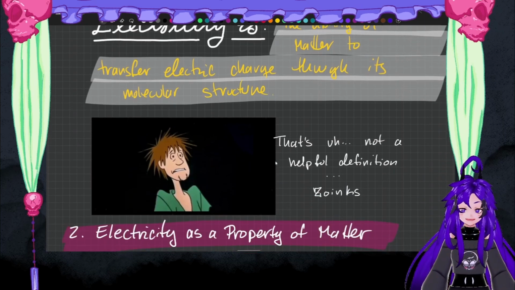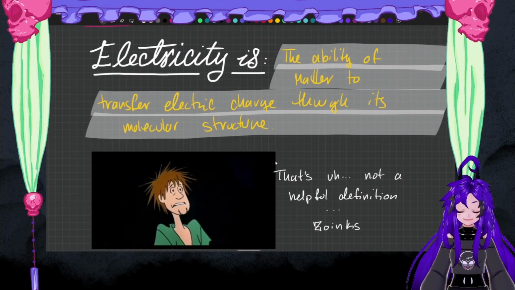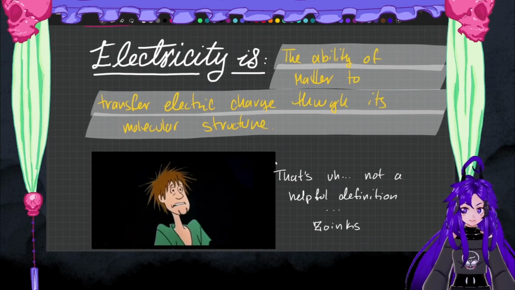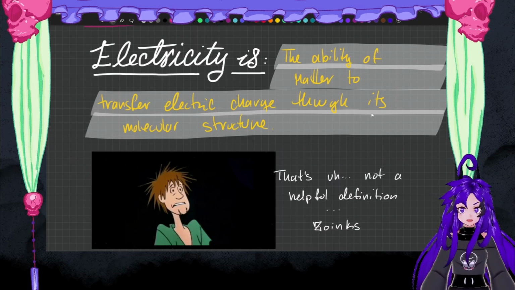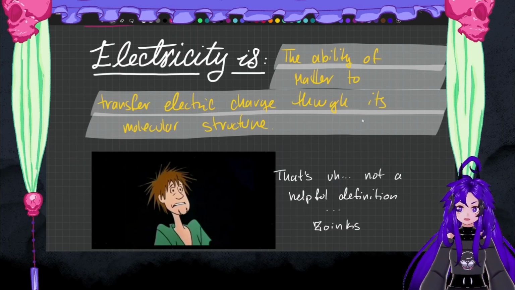And zoinks, that is not a great definition. That definition, though accurate, makes brain go burr. So let's break that apart, okay?